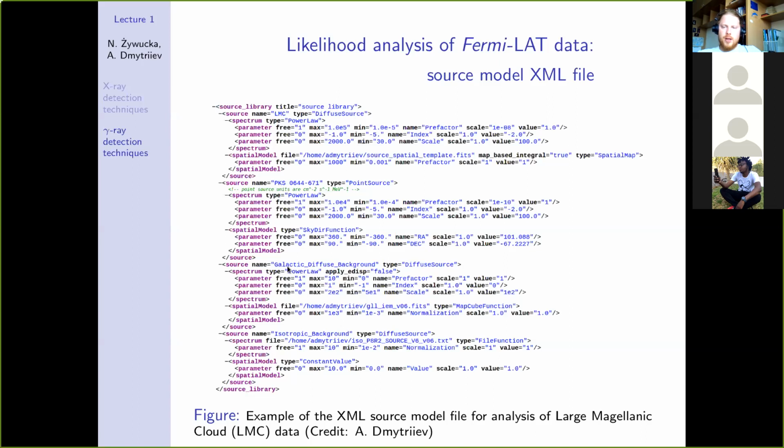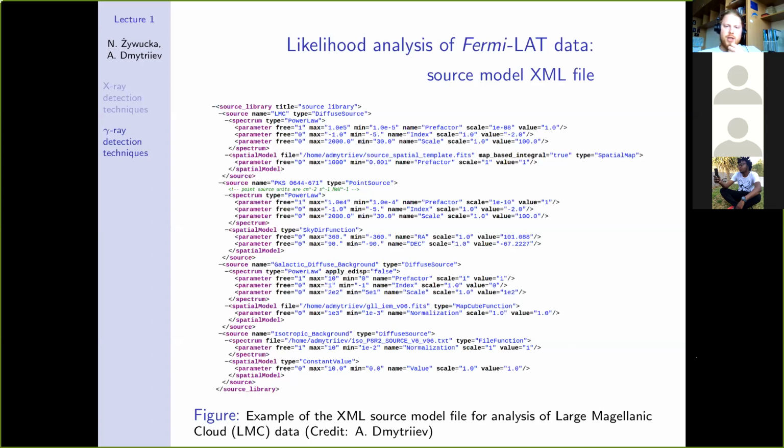First, the background having spatial structure: you load a template which you download from the Fermi website, and you allow its normalization to vary in the range 1 to 10, because we're more or less sure about the order of magnitude of the contribution. The same for the isotropic background: you download a specific file containing its spectrum, and we allow the normalization to vary to adjust for possible variations. And that's it.